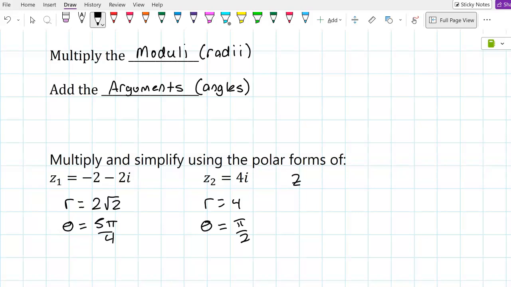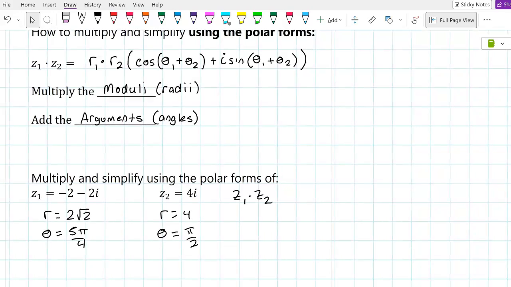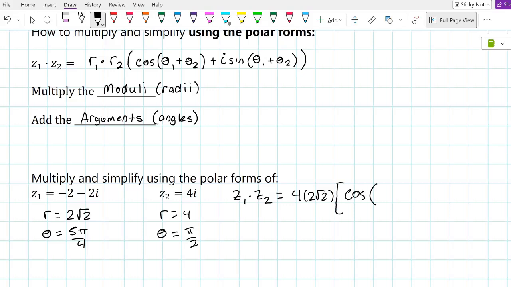So I know z1 times z2, to follow the format, will have a radius of r1 times r2, so 4 times 2 root 2. And then we're going to do a bracket instead of parentheses just to keep it clear. Cosine of 5 pi over 4 plus pi over 2 plus i sine 5 pi over 4 plus pi over 2. Okay, and we can simplify all of that.